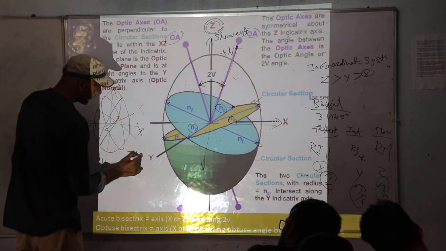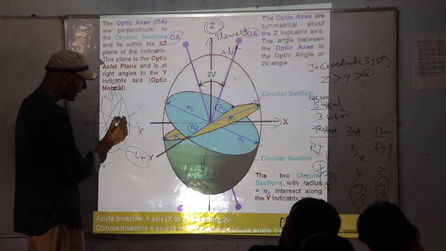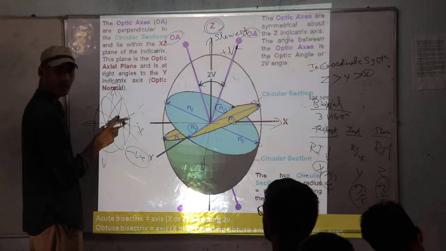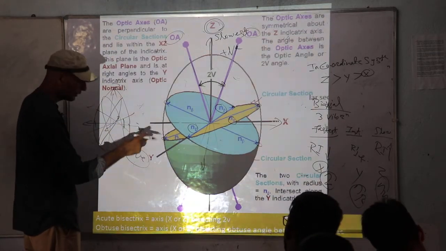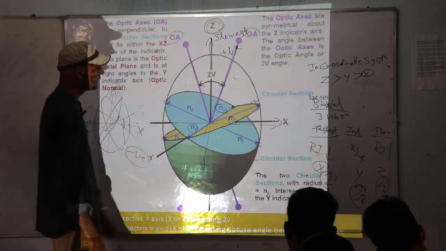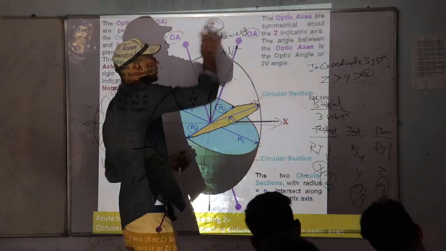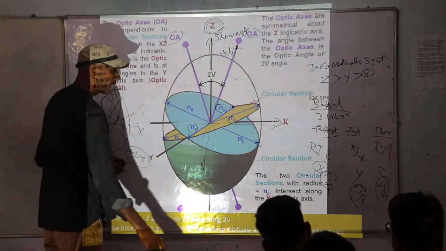Here this will be negative, because the acute angle that is formed is bisected by the fastest vibration, so the mineral is negative. Here the acute angle is bisected by the slowest vibration, so that is positive.